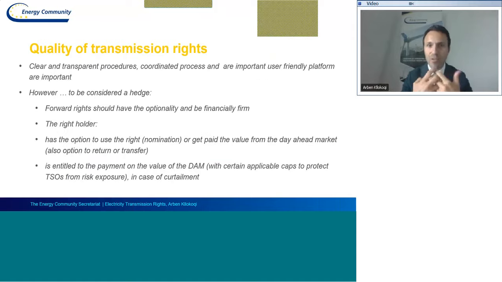In terms of the clarity of the transmission rights, so that was about valuing them. There need to be clear and transparent procedures, starting from the capacity calculation all the way to capacity allocation. This is very important. But in order to consider certain capacities, certain rights, as a hedge, these rights need to have an optionality embedded in them.